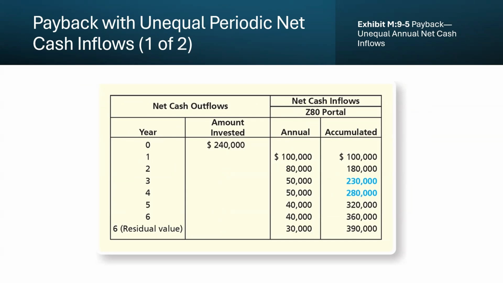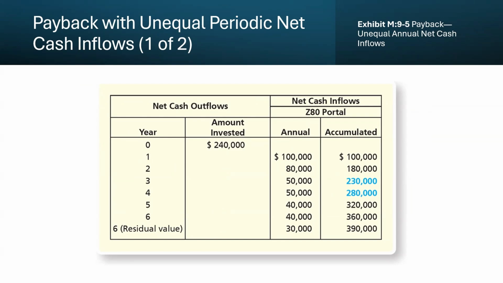For investments with unequal periodic cash flows, you must total the net cash inflows until the amount invested is recovered. Okay, so let's consider the Z80 portal, which is an alternative investment for the Smart Touch Learning Company.